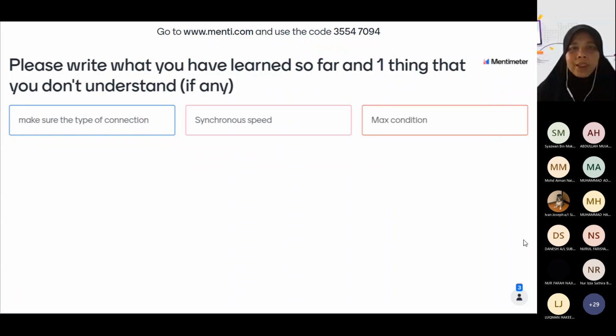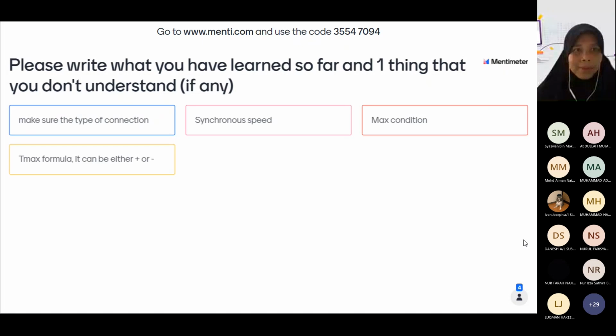Maximum condition. For the induction motor, the torque speed characteristic analysis is quite simple sebab you have the formula to use, but you must make sure the formula yang you nak guna tu must be a correct formula.